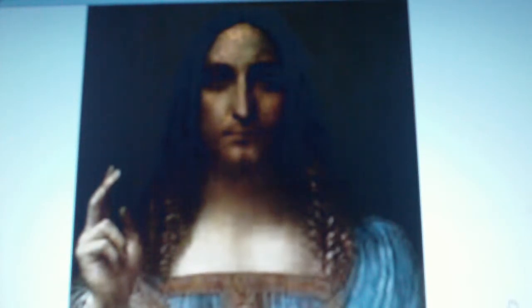So, Salvator Mundi, I guess, what is that name? Anyway, we're looking at the two fingers up like that, this is Christ's symbology. Definitely one finger we'd be looking at some John the Baptist kind of thing.